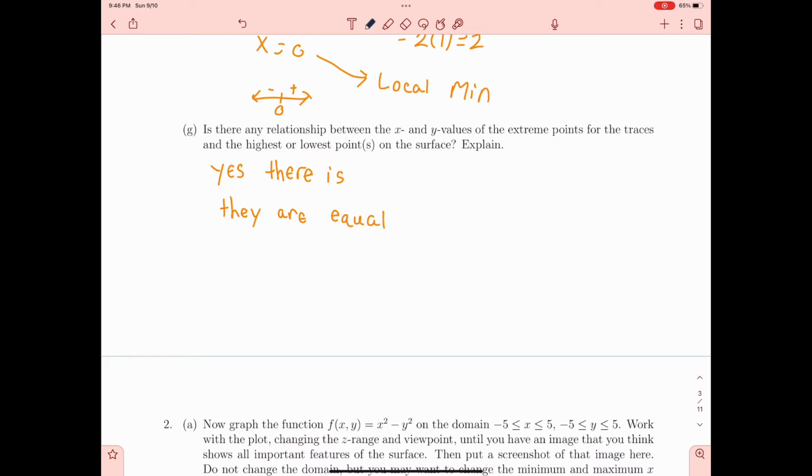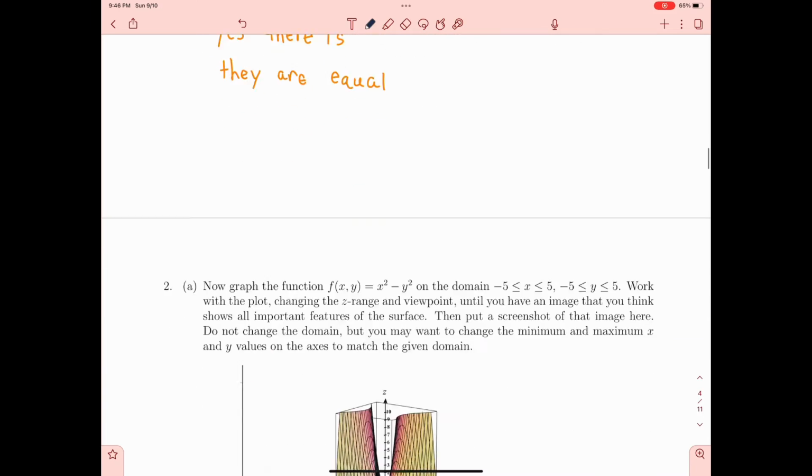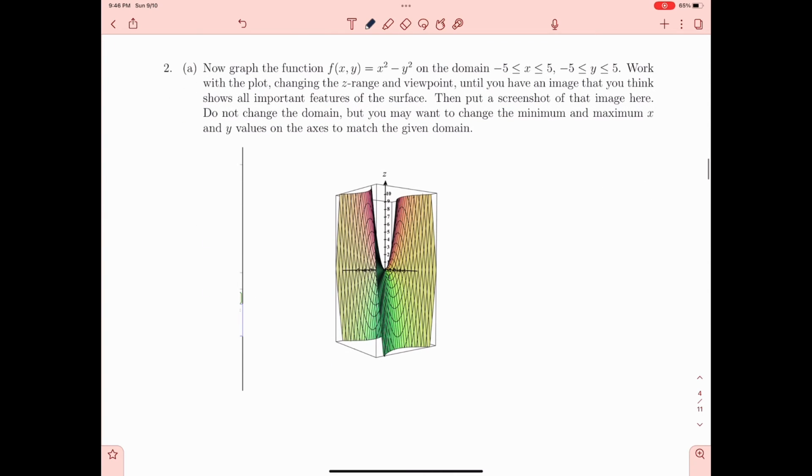So we find that x equals 0 and y equals 0 are both local mins, meaning that these values are equal. So whenever there's a higher low point, x and y are equal, or at least equal in absolute value.